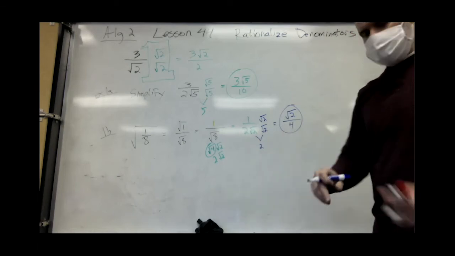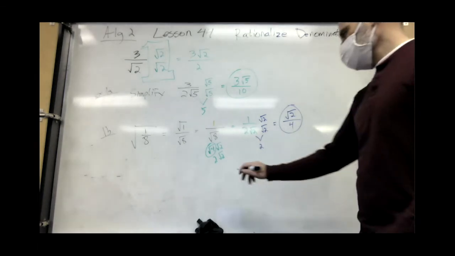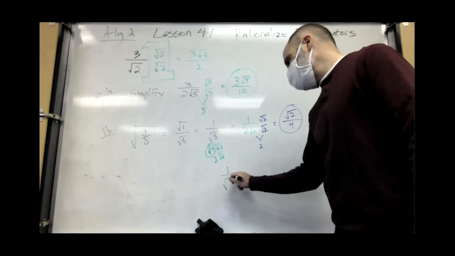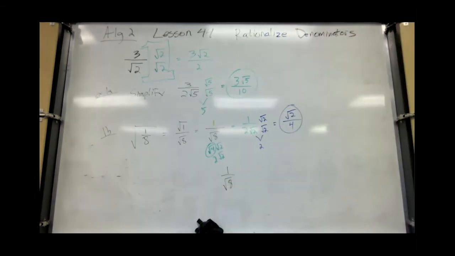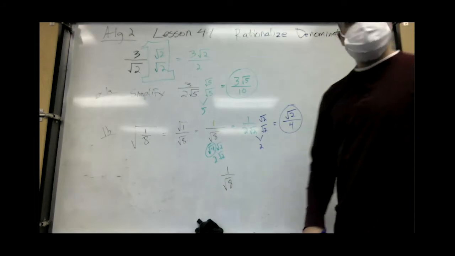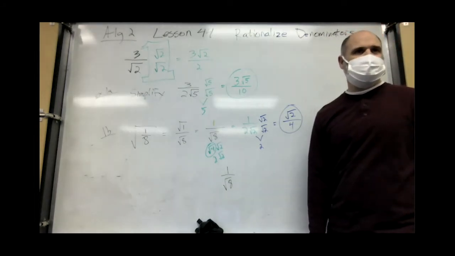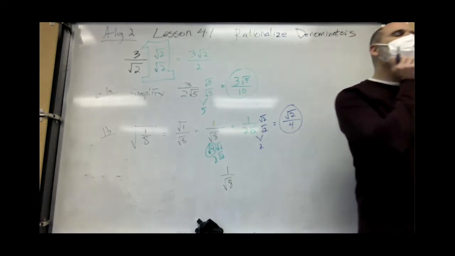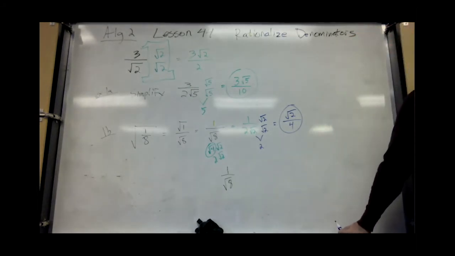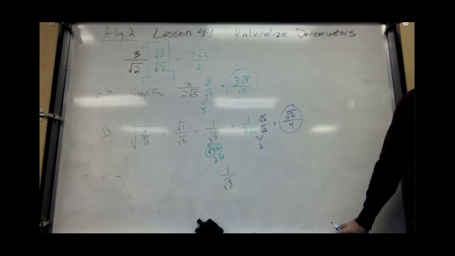But now let's see if we would have done it this way. Let's see if we would have just decided to not reduce that square root of 8 radical. So how do you get rid of radical 8? How do you get rid of a radical?